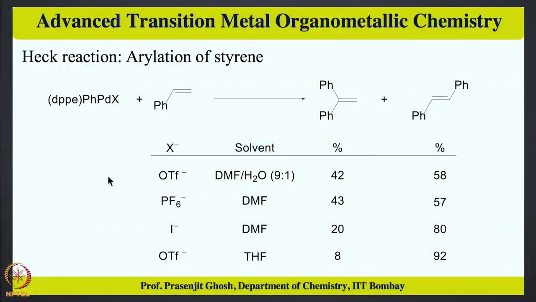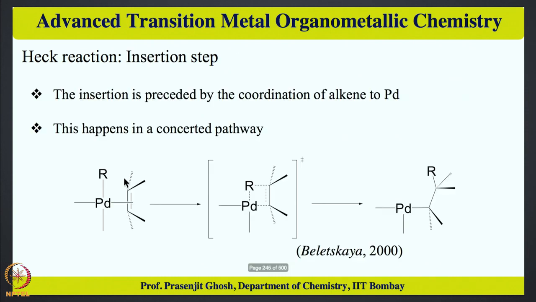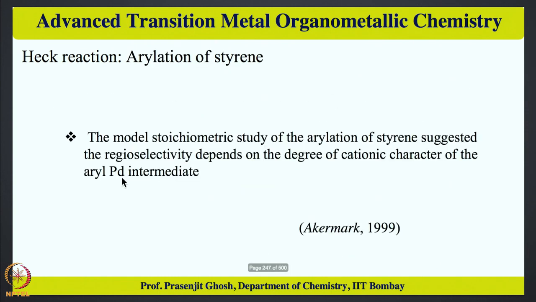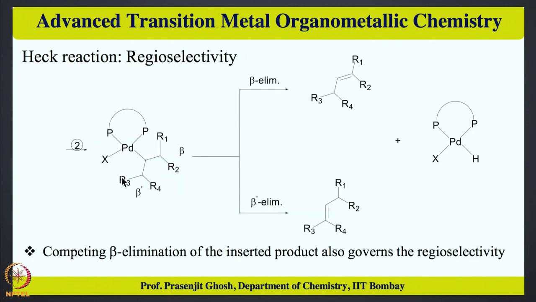And lastly, there is this beautiful example of seeing this beta hydride elimination, which usually takes place after the olefin coordination insertion has taken place, and this is beautifully illustrated by the following compound.